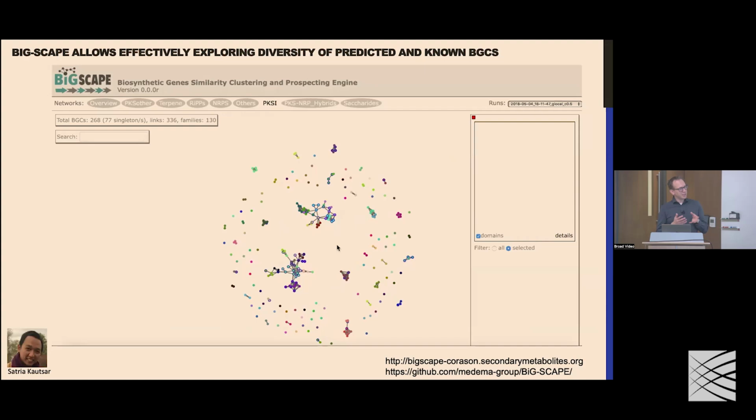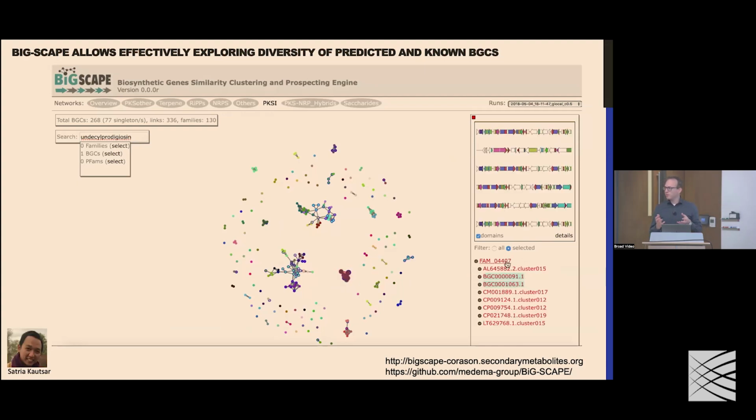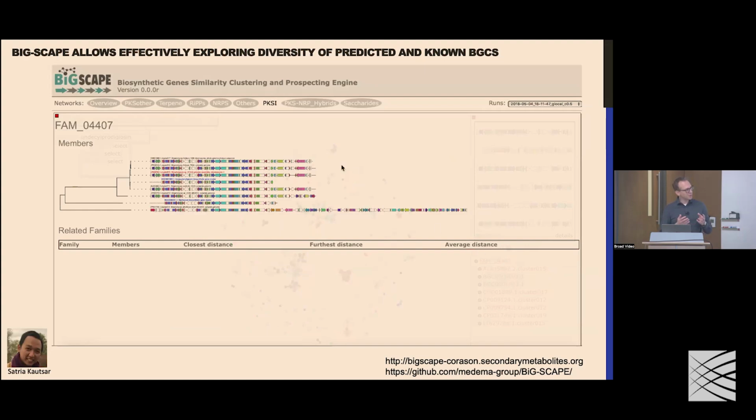Here you can interactively browse and explore these networks, for example, by typing in keywords like the molecules related to these known biosynthetic gene clusters, reference BGCs from MIBiG, and it will highlight them in the network, and you will immediately see which other gene clusters from certain organisms are closely related to this. You also get a multi-locus phylogeny of these gene clusters to see how they're related and what the key similarities and differences are.